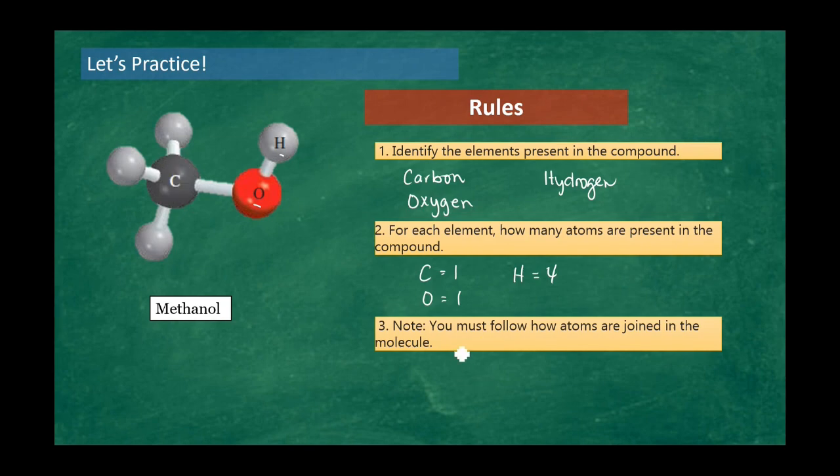When you write the molecular formula, we have C, and as we have one atom here, we don't need to write the subscript. Then we have H3. Why H3? Because as you observe, 1, 2, 3 are connected to the carbon. And the other hydrogen is connected to the oxygen. So when you write it, it is CH3OH.